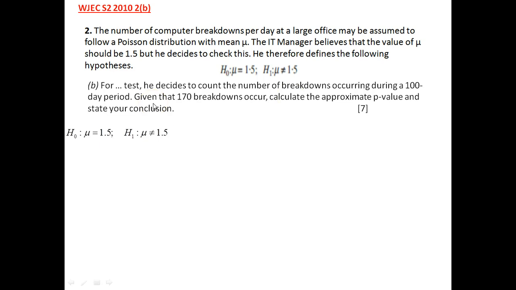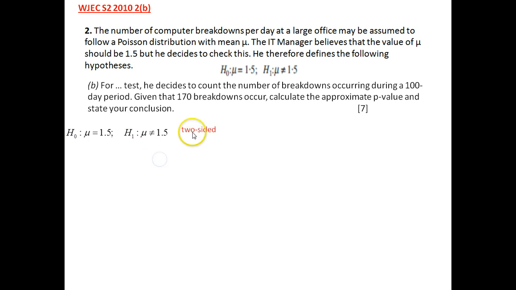For this test, he decides to count the number of breakdowns occurring during a 100-day period, and given that 170 breakdowns occur, calculate the approximate p-value and state your conclusions. So we're not given a significance level, we have to decide on the outcome.